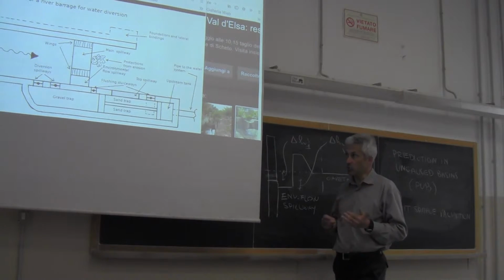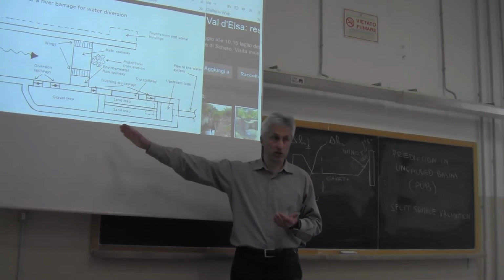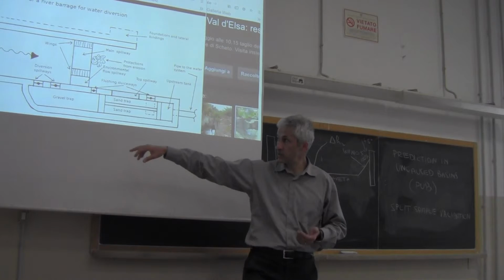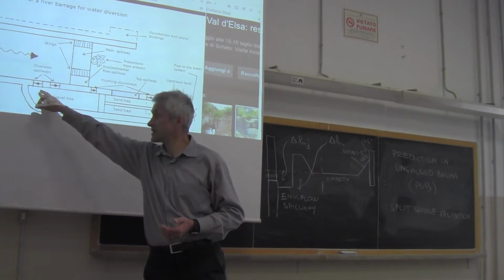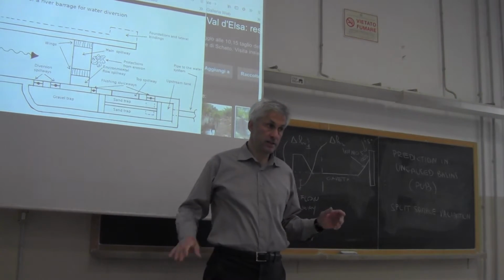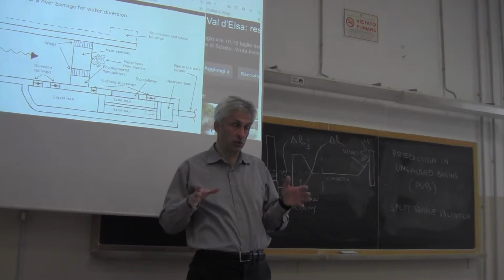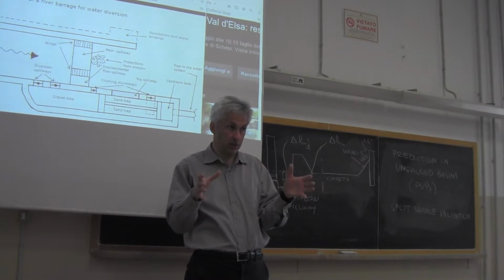When instead you move to the diversion spillway, you see gates there, and these symbols identify gates. It's clear to all of you what a gate is. A gate is a device that allows you to close a spillway.